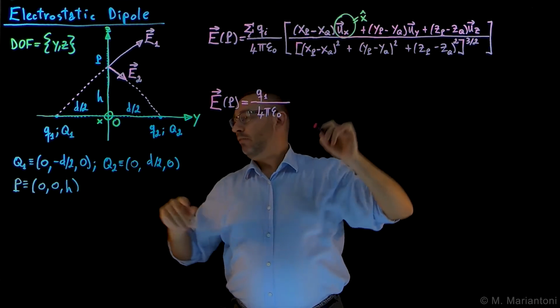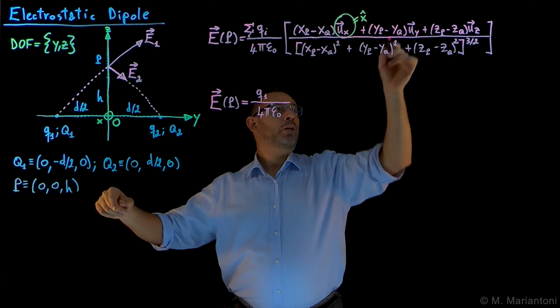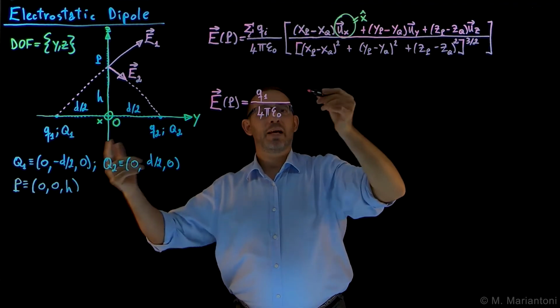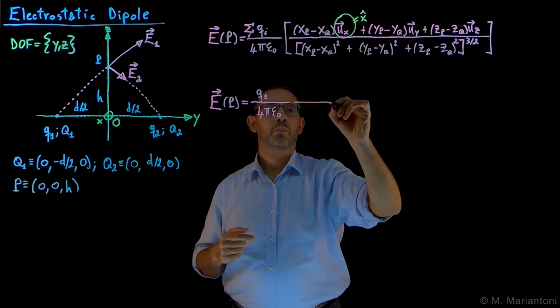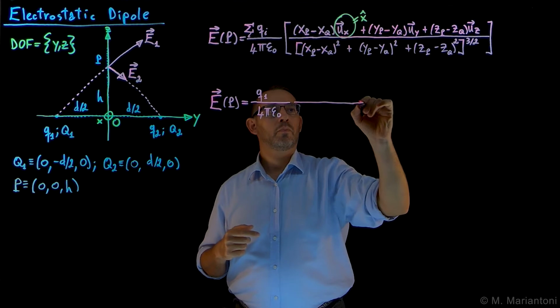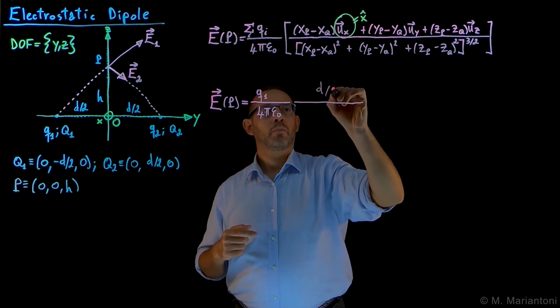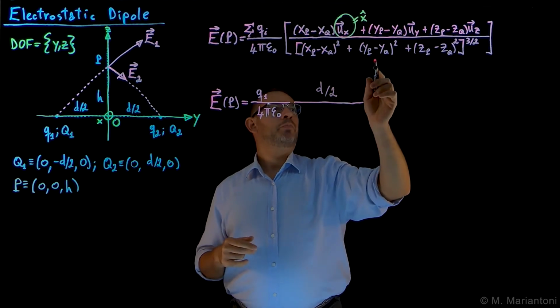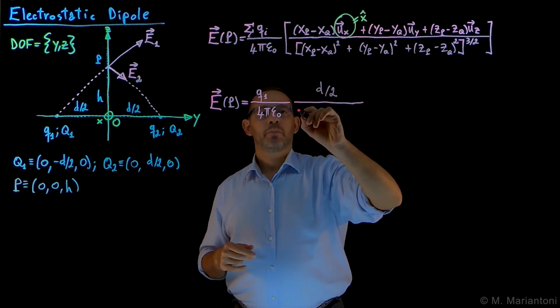The y component of the P point is 0, the y component of the Q point is minus d12 over 2, with a minus in front of it, it's plus d12 over 2. In the denominator, we have 0 for the x as always. This is the same, so it's d12 over 2.